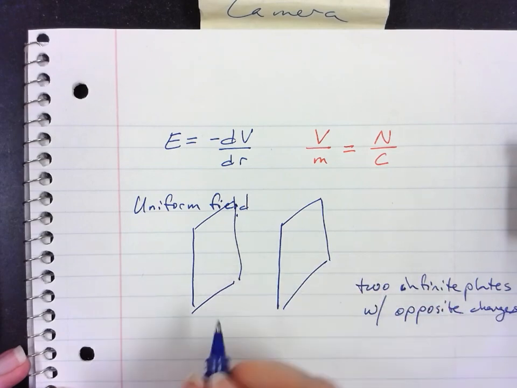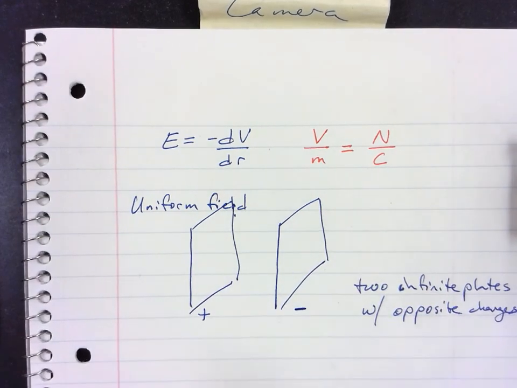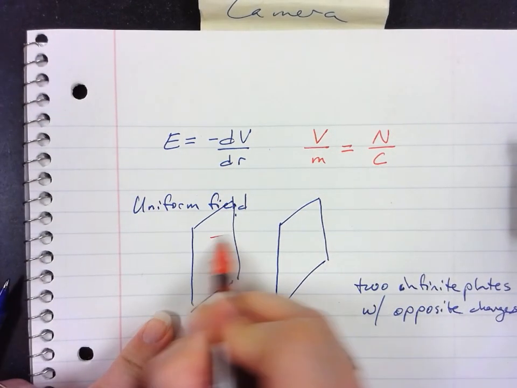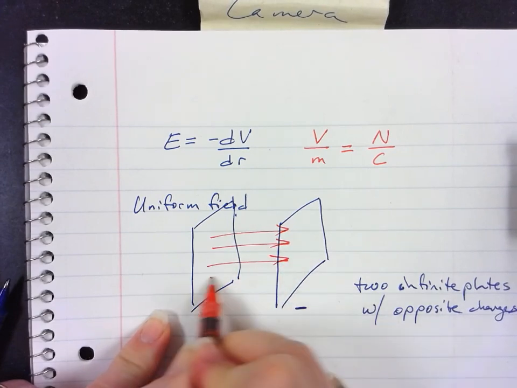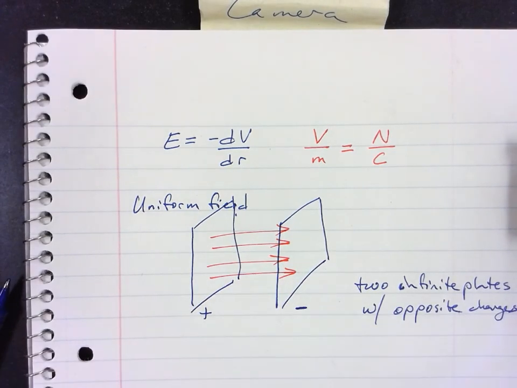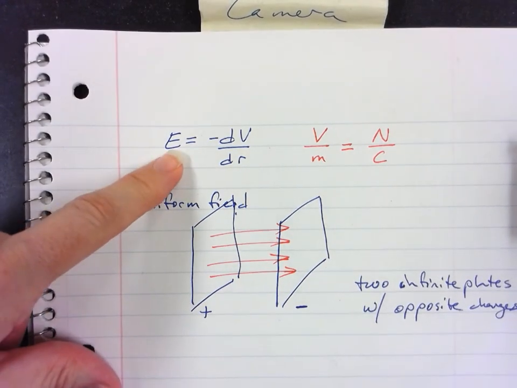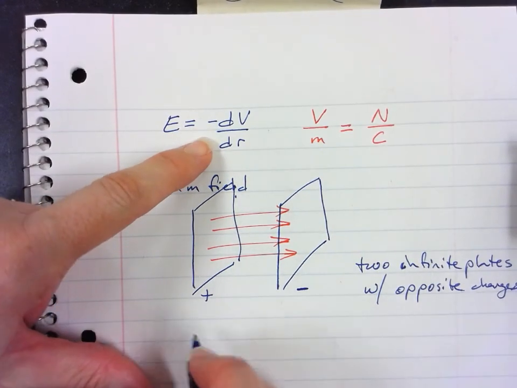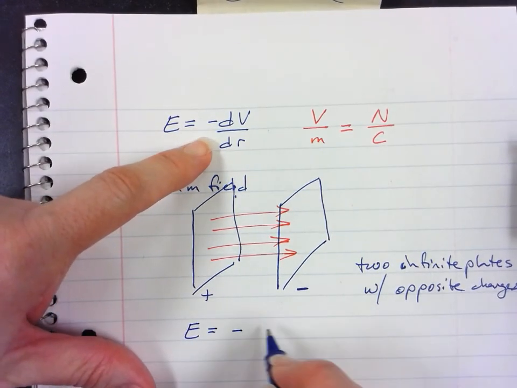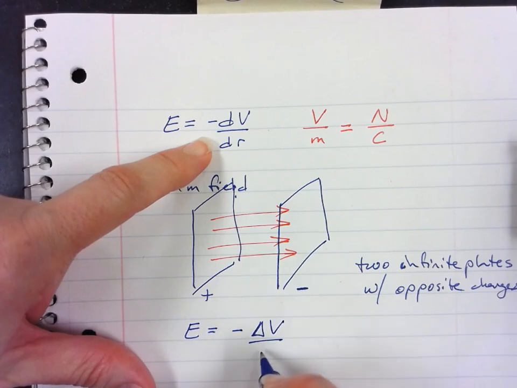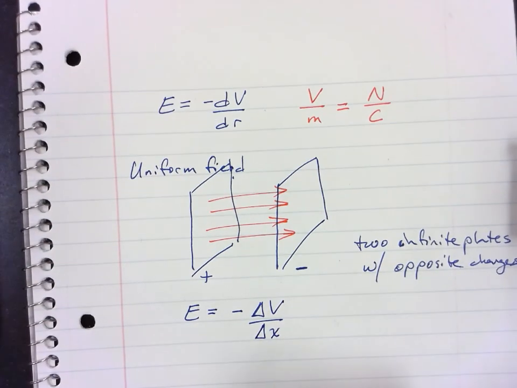If this one was positively charged and this one was negatively charged, you know the electric field would go positive to negative. So you'd get a nice uniform field. Well, this equation says the field is the negative potential difference divided by the distance between the two. I just chose to use x there.